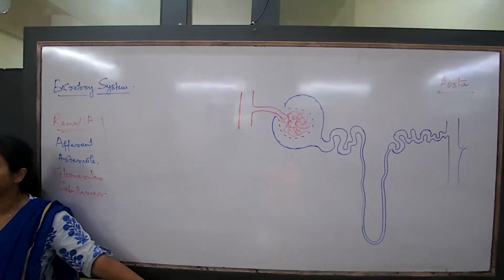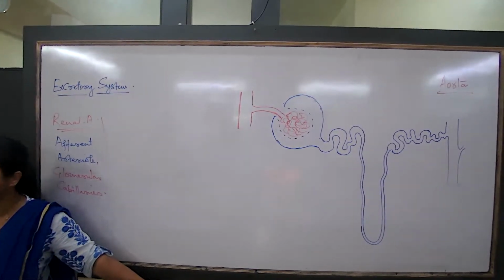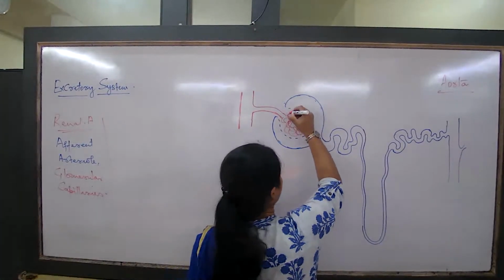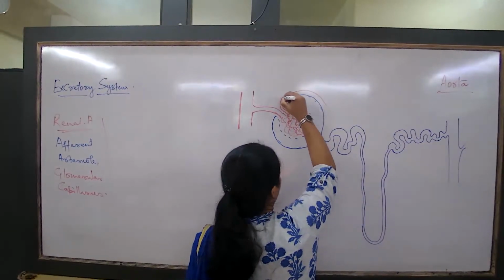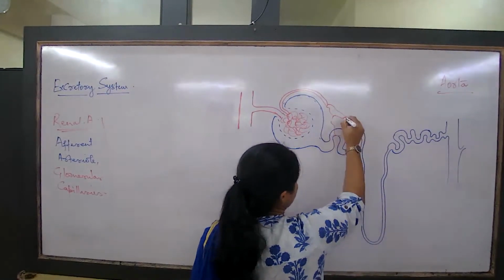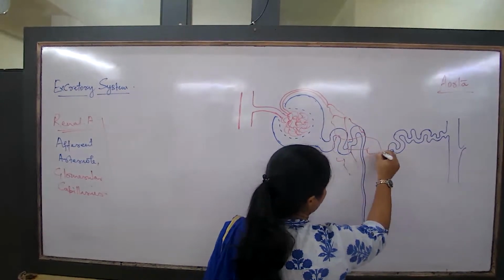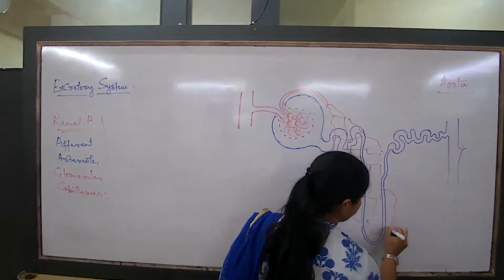Define a nephron: structural and functional unit of the kidney. Complete this, write it first, and then we are going to start understanding the process.